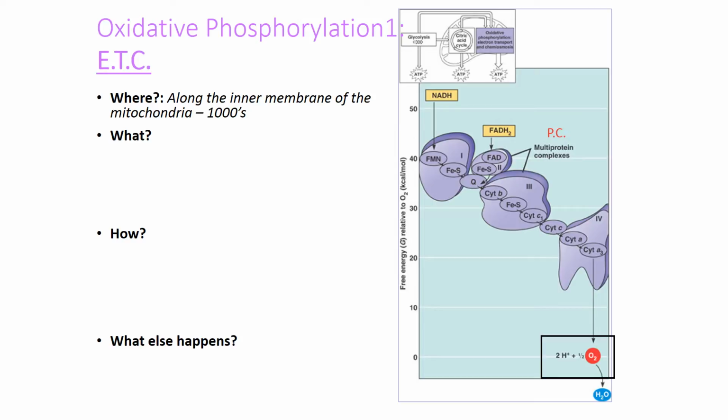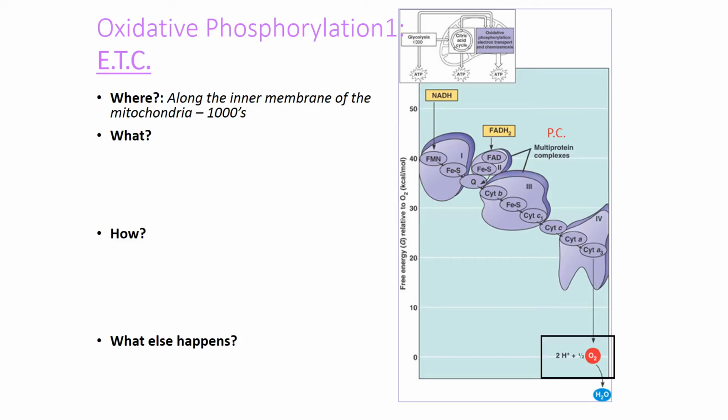We have FADH2 coming in about midway, and then we have oxygen at the very end that is going to accept those depleted electrons, depleted in terms of energy, and then we're going to reduce oxygen, and that's the reason why we breathe, to have that oxygen at the end of the electron transport chain, and our final product is going to be water.